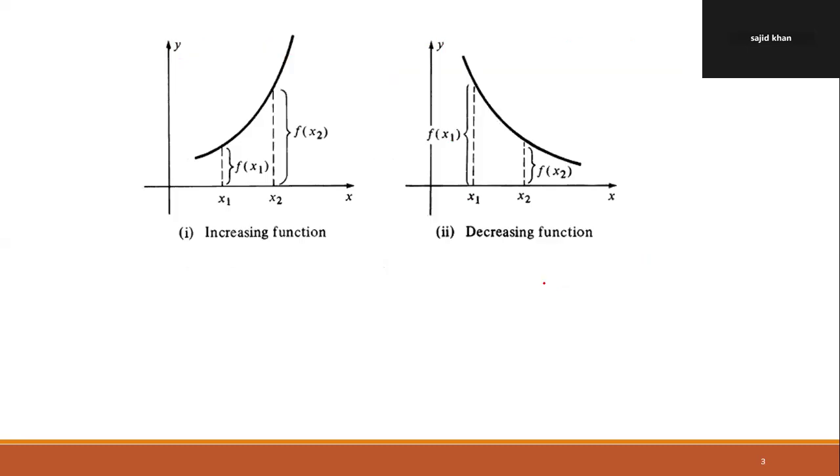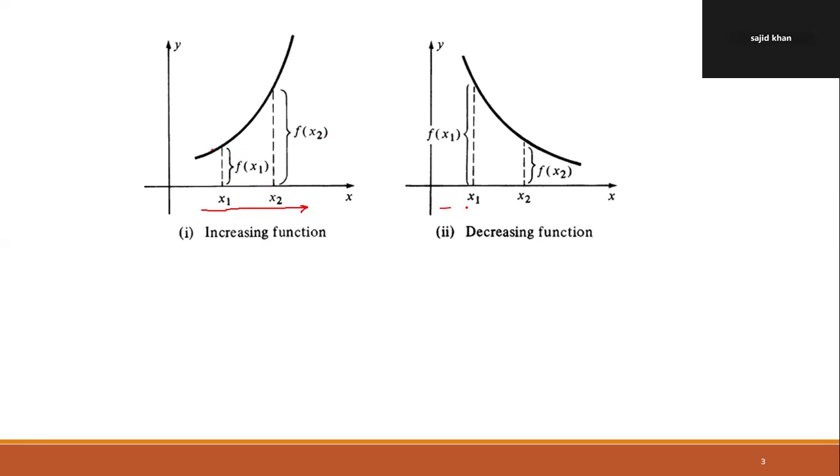For example, you can clearly see from these two figures, increasing means that when input is increasing, from left to right the function values increase. Input increases and the function values also increase, because the graph grows up, meaning f of x1 is less than f of x2. So x1, x2 are any two variables from this interval. When increasing input gives increasing output, it is an increasing function.